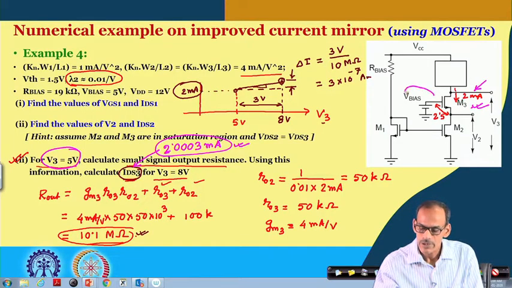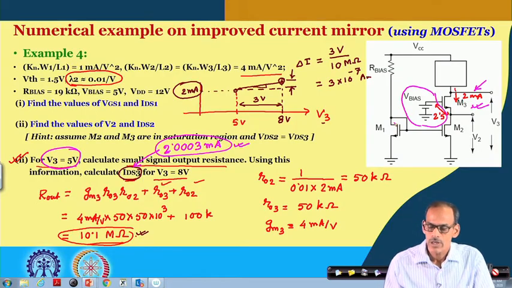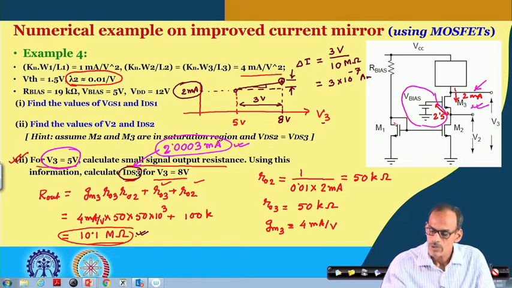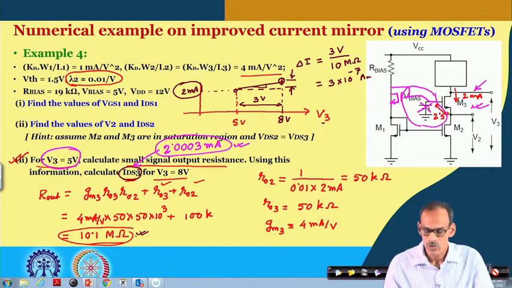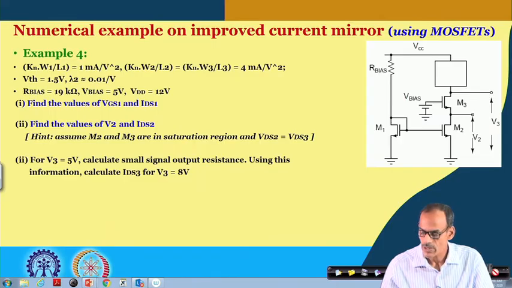But then it is a little inconvenient to get this voltage, and to overcome this problem, we can put a transistor here, which is also diode connected, and that produces a voltage, and that is what gets applied. So, in the next slide we do have that example.